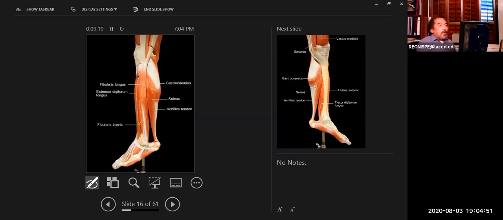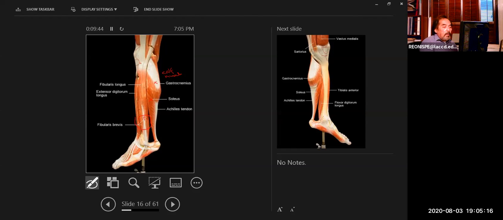All right, and then this is going to be the gastrocnemius, the one more superficial. The one inside is going to be the soleus. It looks like it's one muscle. We actually refer to them as the calf muscle. Okay, gastrocnemius, soleus, and the lateral compartment is going to be the two peroneus, or what we call fibularis.